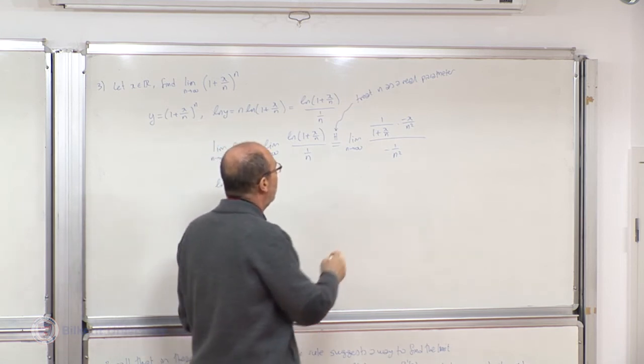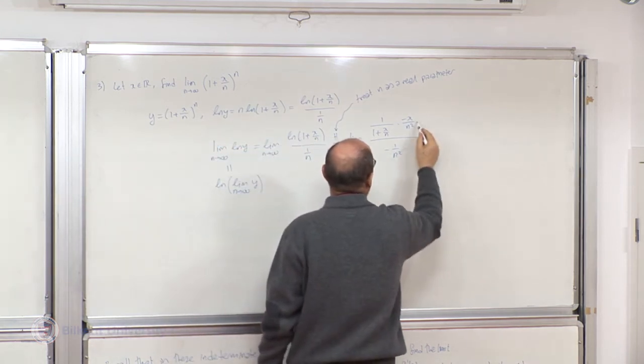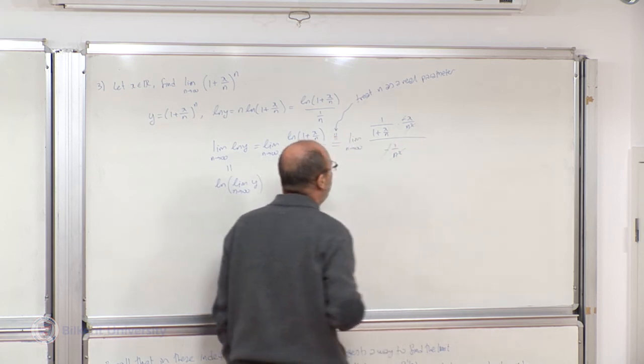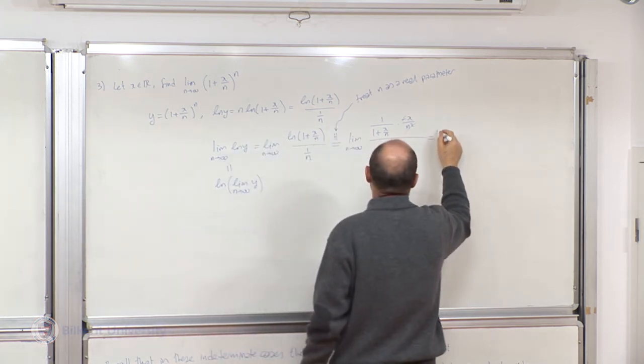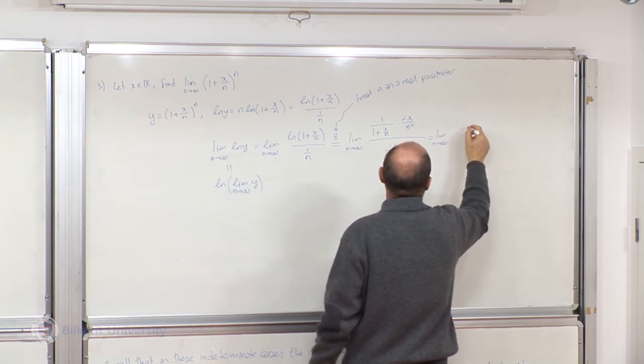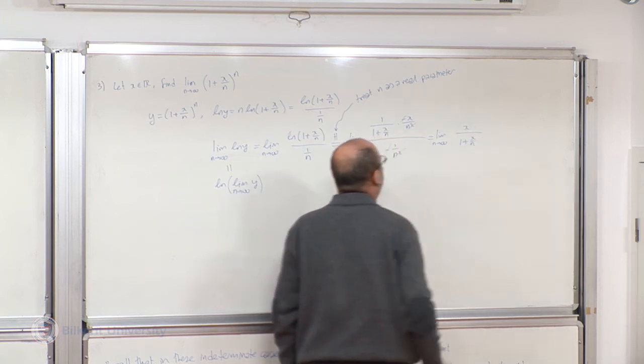So when we cancel these things, okay, let's see, n squares cancel, minuses cancel. And what remains is, okay, let me just, for the fun of it, write it once more. Limit n goes to infinity of x over 1 plus x over n.